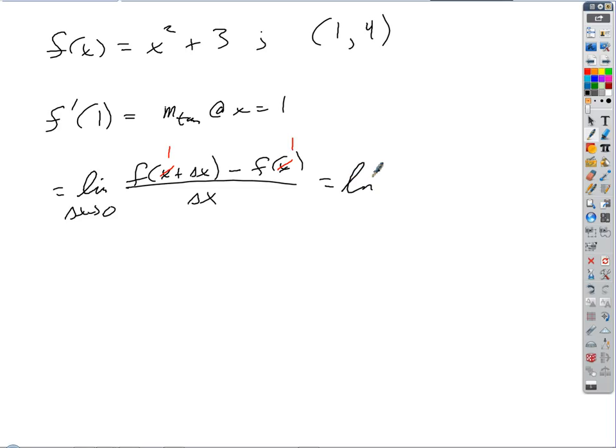So this part right here becomes, what's f of x? x squared plus 3. What's the pattern? f of x is x squared plus 3. f of 9 would be 9 squared plus 3. f of a is a squared plus 3. What's f of the quantity 1 plus delta x?